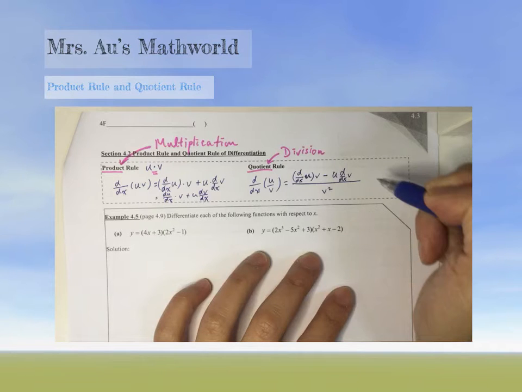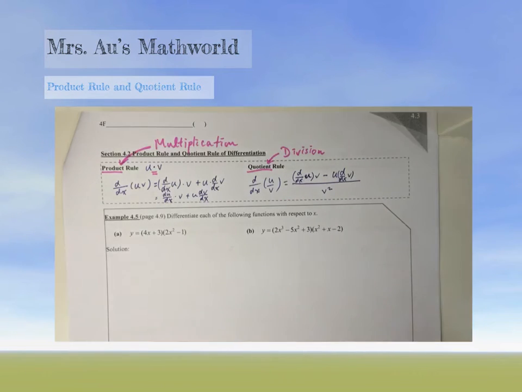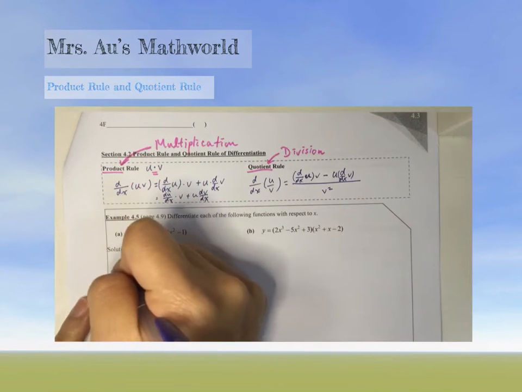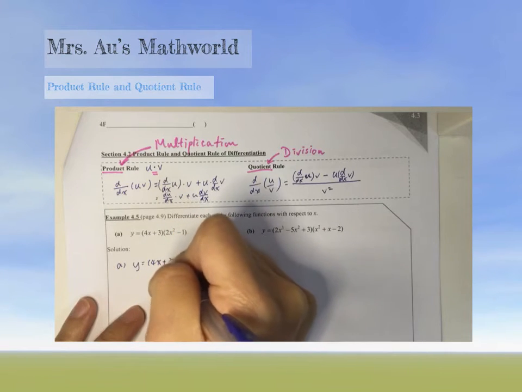And then we differentiate the second one, but remember in the middle it is minus. Alright, so let's move on to the example of product rule.